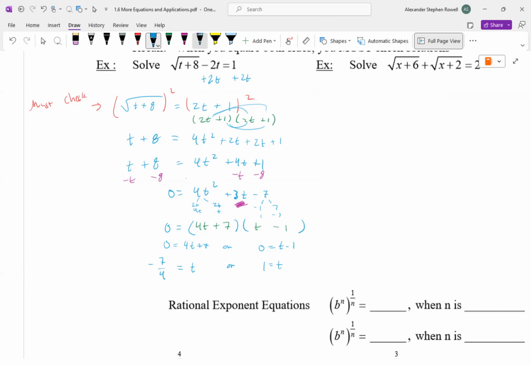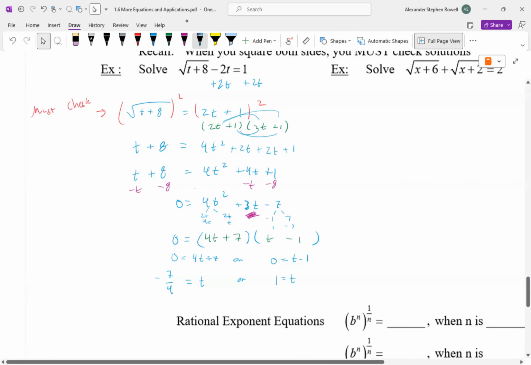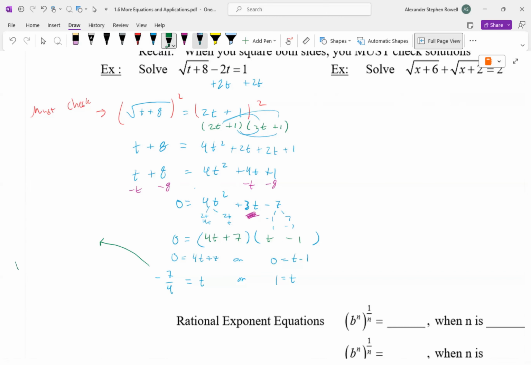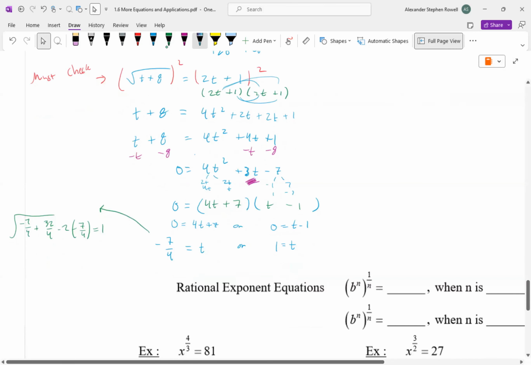What's wrong with circling the solution? We must check. I can't believe these. Let's try -7/4. If I check that, what do I get? The square root of -7/4 plus 8. Let's get a common denominator. So what's 8 times 4? 32/4 minus 2 times -7/4. Okay, 32 minus 7 is 25.